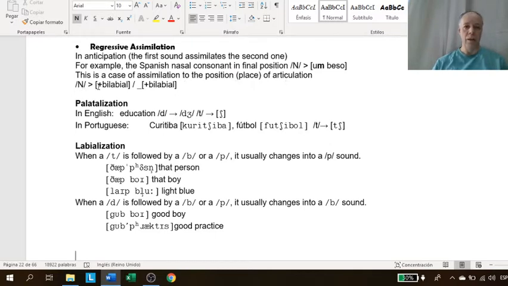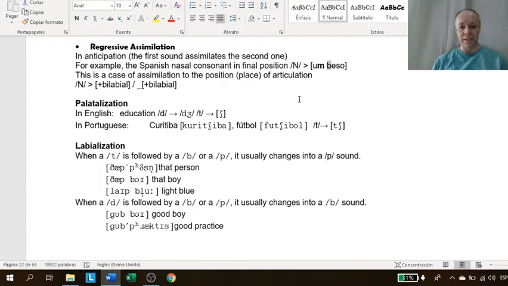The N becomes bilabial before a bilabial sound. The N is normally an alveolar sound, but because the B is bilabial, the N turns into an M, also a bilabial sound.